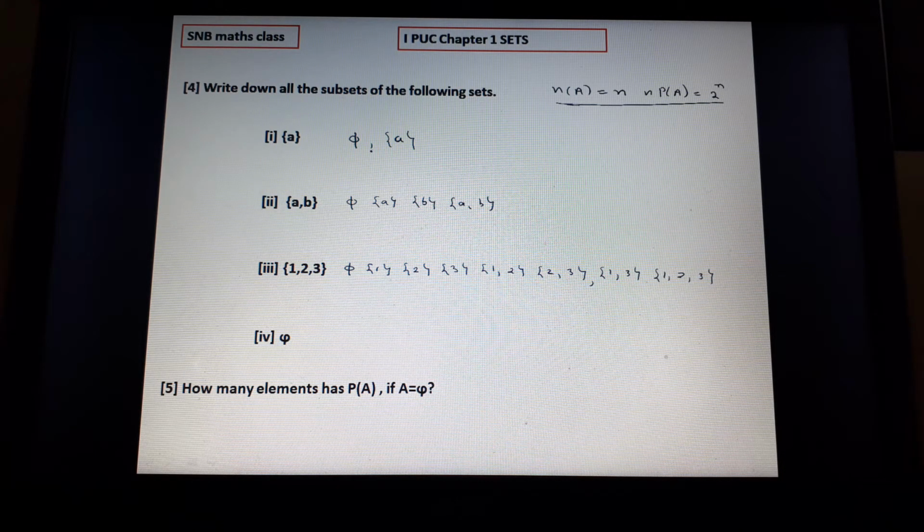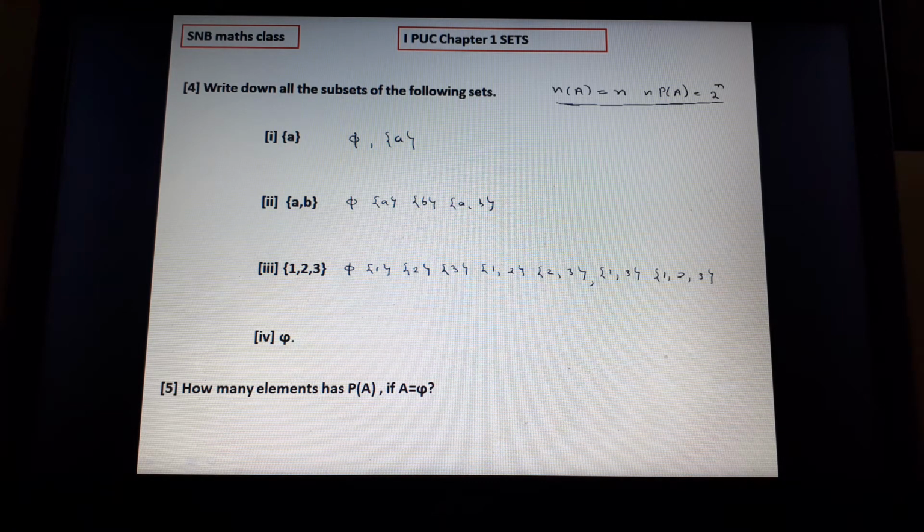So here you can see n is 1, 2 power 1 is 2. N is 2, number of elements here, 2 power 2 is 4, you can check here. N here is 3, that is the number of elements of this set is 3. So 2 power 3 is 8. You can check 1, 2, 3, 4, 5, 6, 7, 8. So this we have verified in our main lesson also.